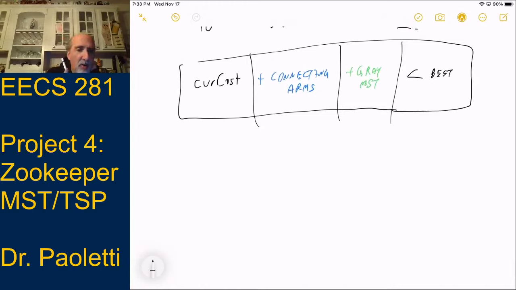We want to print out the current cost. That's the black. I want to print out the MST weight. I want to print out blue 1 and blue 2. Don't print the total. Print each of the blue connecting arms separately. Print out the total, just so you can see them all added up together.